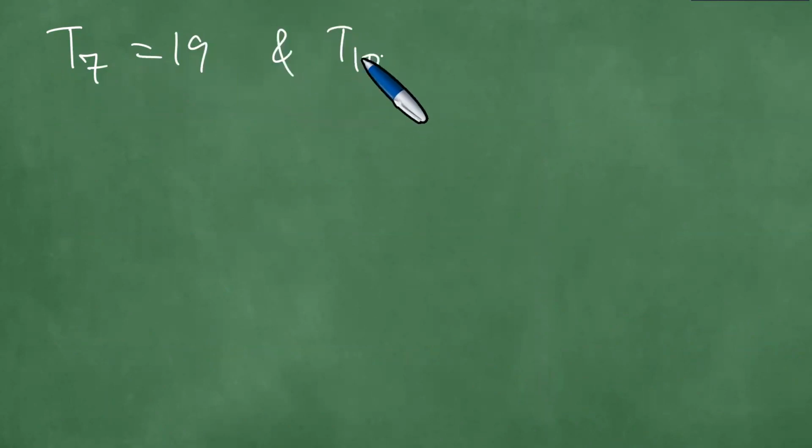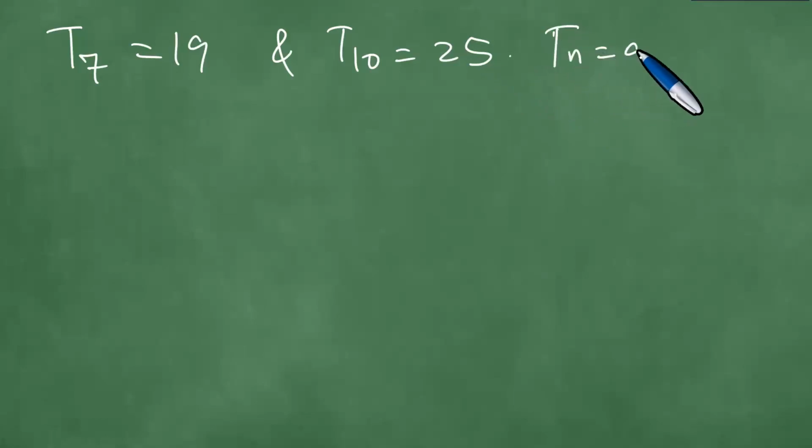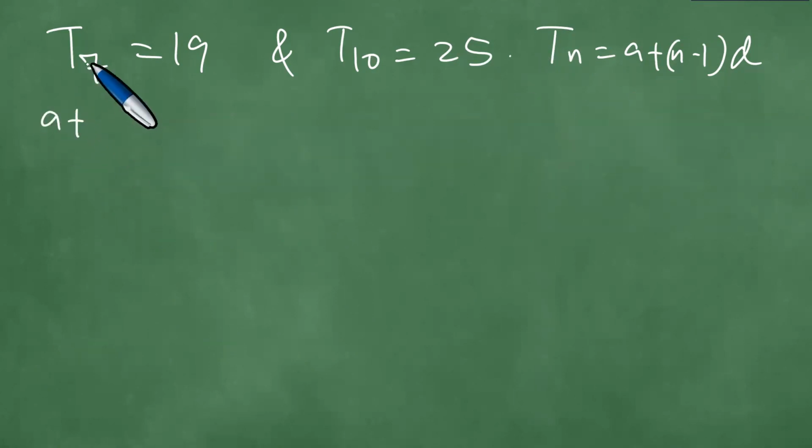We remember the Tn formula. So if the Tn formula is exactly that, what do we do with it? We use it. So what is T7 in terms of this formula? T7 would be A plus 7 minus 1, A plus 7 minus 1.